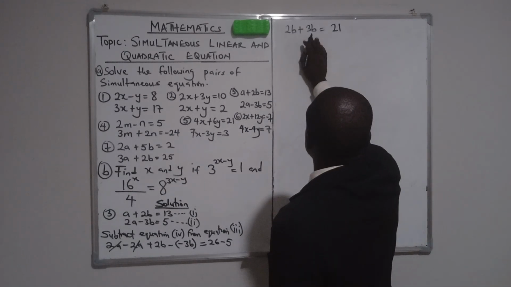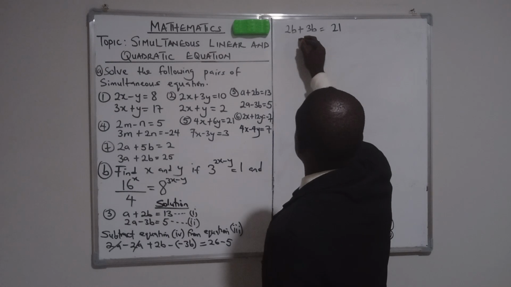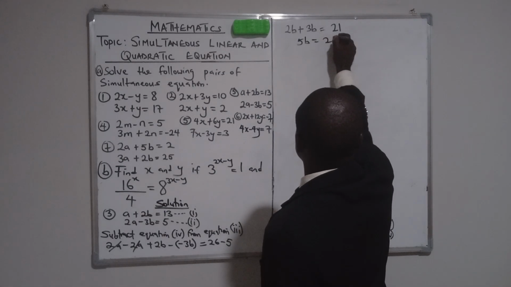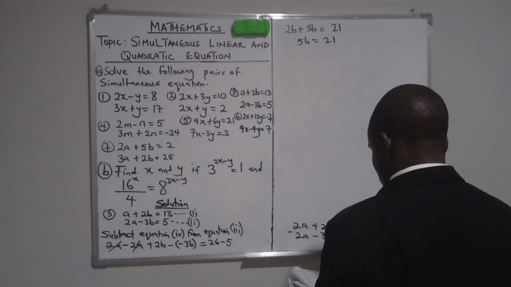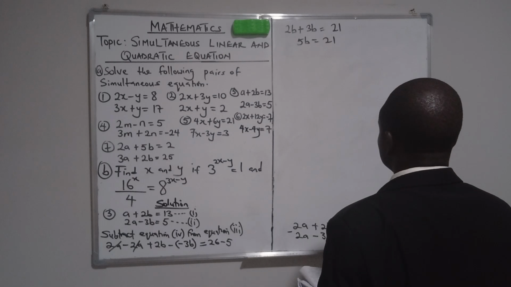I have 2b plus 3b, that's 5b equals 21. 5b equals 21.